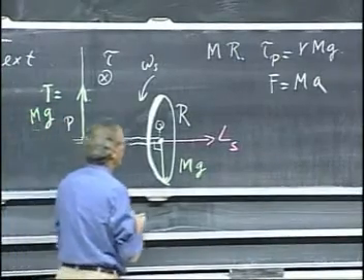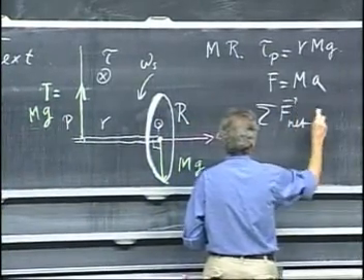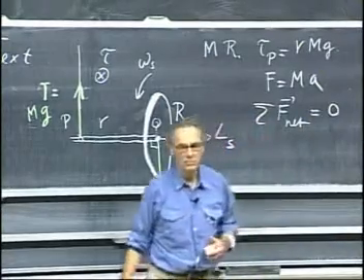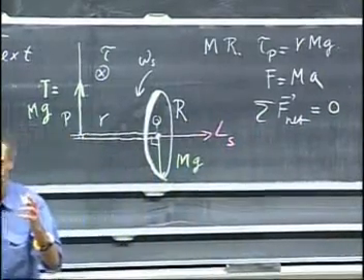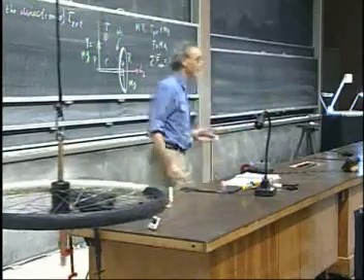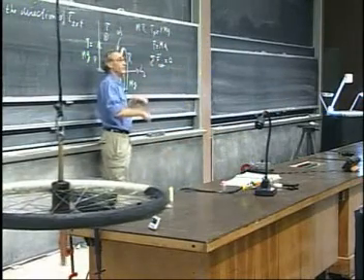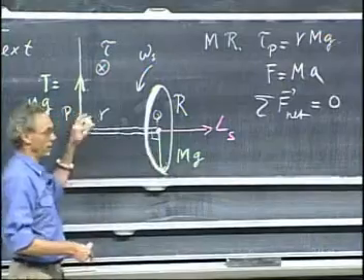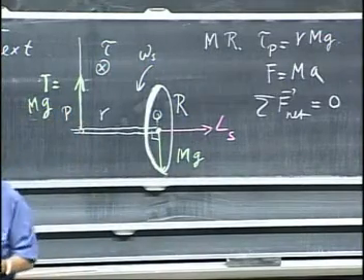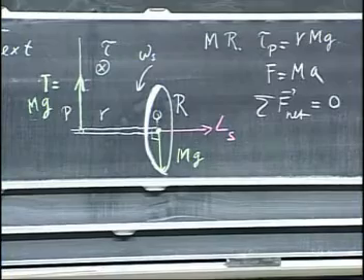And so the sum of all forces on that object is 0. There is no net force on that wheel, but there is a net torque. And that's why it's going to precess. If there had been a net force, then indeed it would also go down, if this force were larger than this. So nature is very clever, the way that it deals with these rather difficult problems.